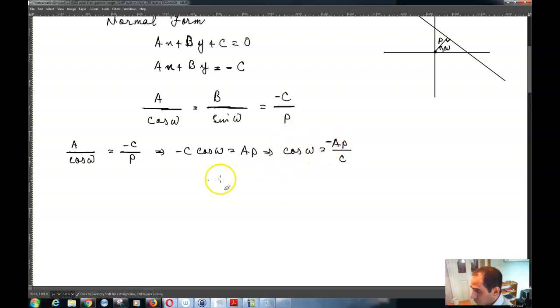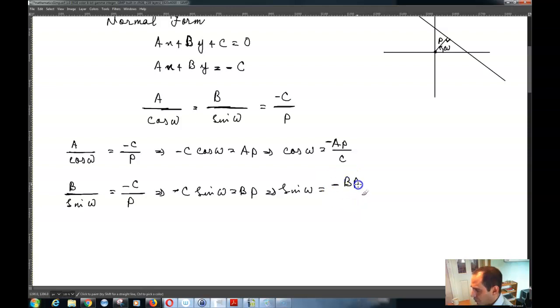On the other hand, you can write b over sine omega is equal to negative c over p, which means that negative c times sine omega is equal to b times p, which means that sine omega is equal to negative b p over c. And these are all capital letters.